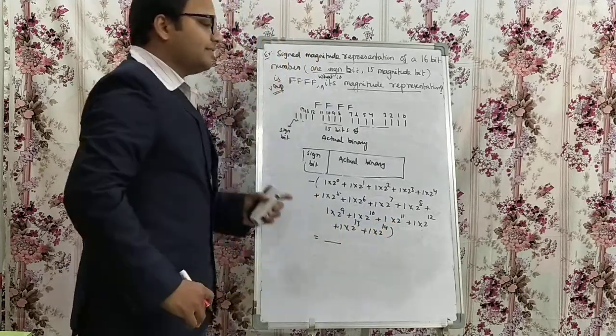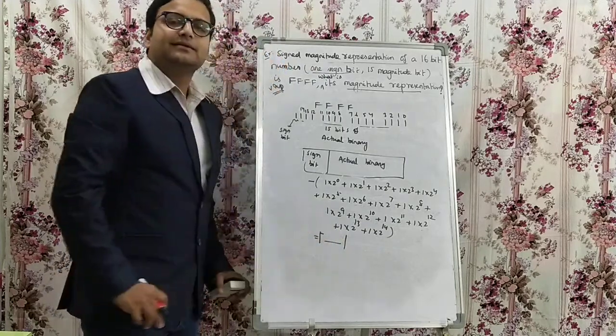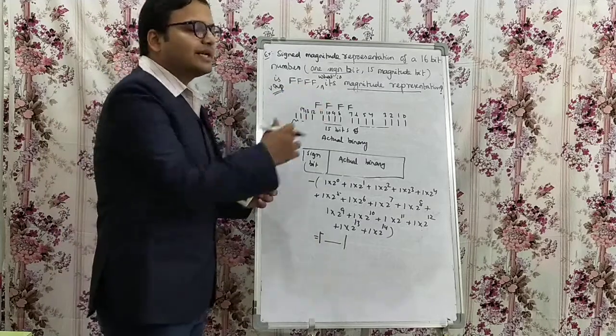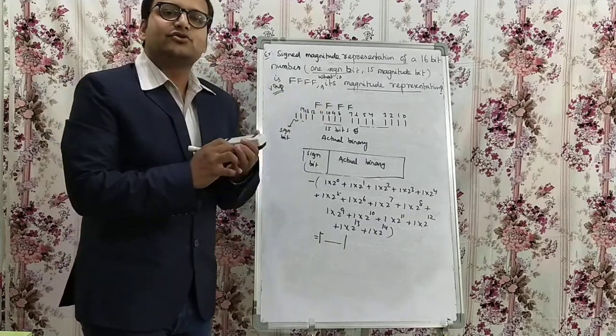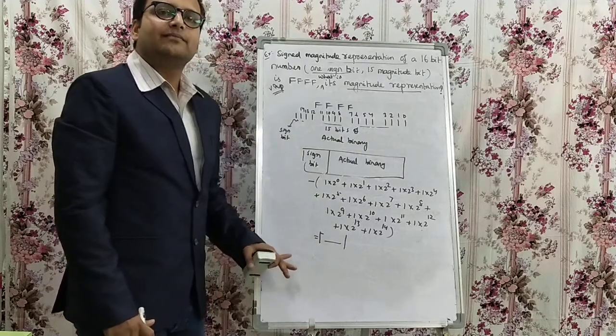Whatever answer comes, you then take its magnitude to get the final value. So this is the way you can get the sign magnitude form. If the question is given, you can get the actual binary value magnitude this way.